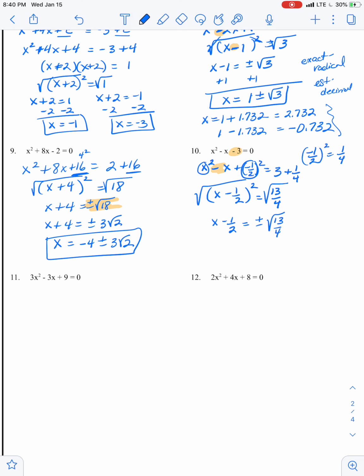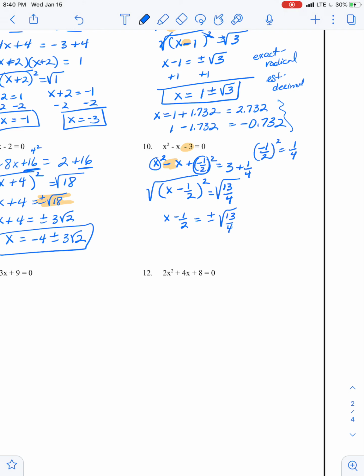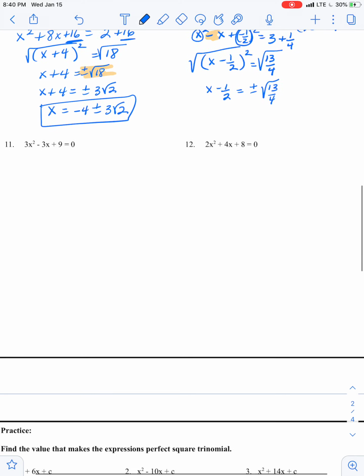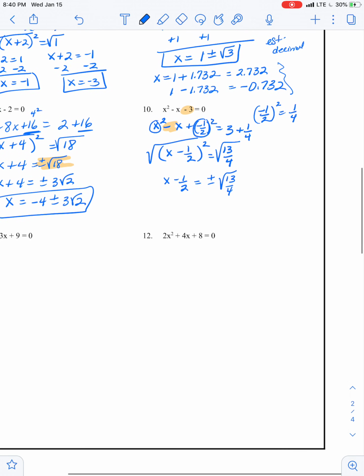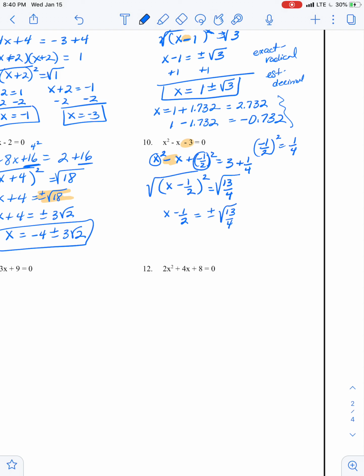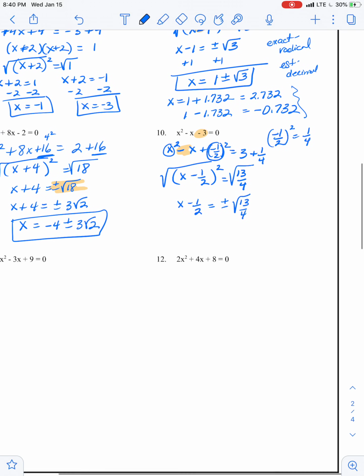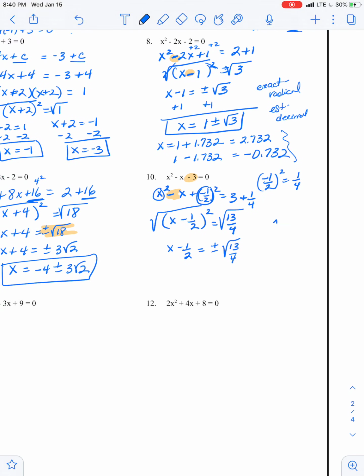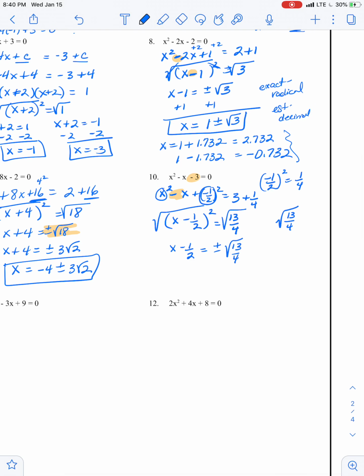Okay? Now, by the time you do this, we should have discussed how to simplify that in class. So I'm going to slide over just a little bit, give me some room. When you go to do the square root of 13/4, one of the things, when you have the square root of 13/4, or any fraction underneath the radical, the first thing that you want to do is break it apart.